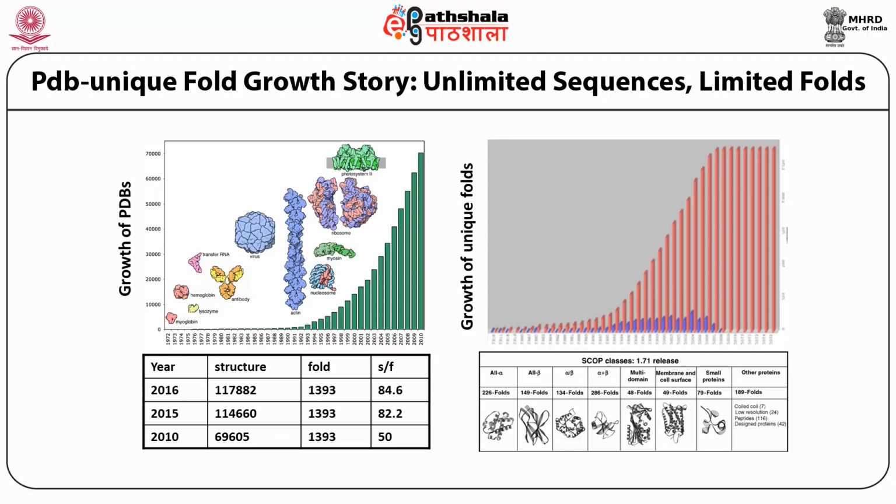It could be all alpha, all beta, alpha or beta, alpha with beta, multi-domain, membrane and cell surface, small proteins, and finally miscellaneous other folds, which constitute the 1,393 possible folds that a protein can adopt.